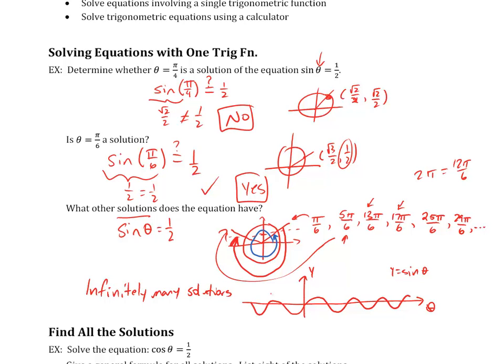It's kind of poorly drawn, but the point is a height of 1/2 is somewhere right here. How many times will that straight line right there cross the graph? The answer again is infinitely many times. That doesn't mean everything's a solution, as we saw up here, but it does mean that we have infinitely many solutions.